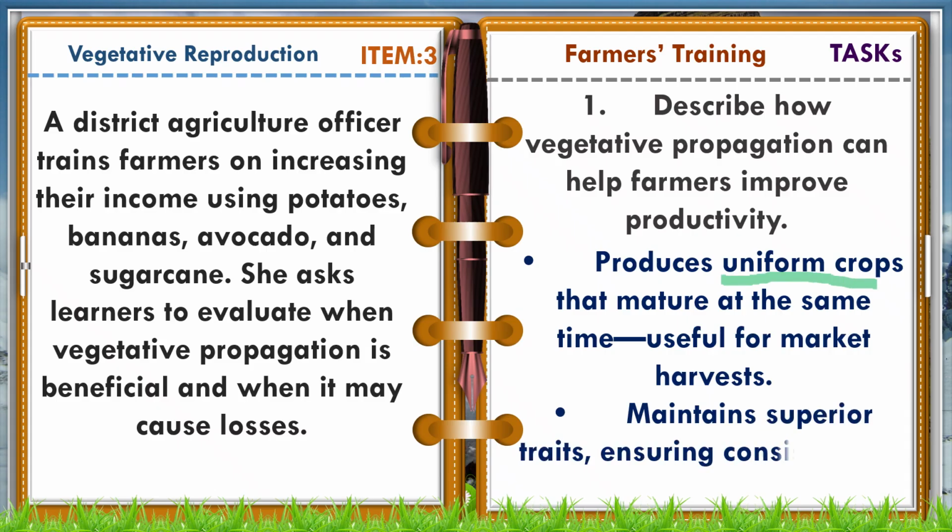Produces uniform crops that mature at the same time, and this is useful for market harvest. They maintain superior traits, ensuring consistency in quality.